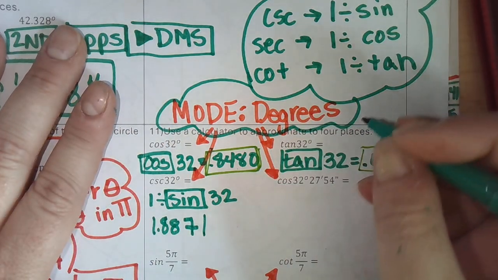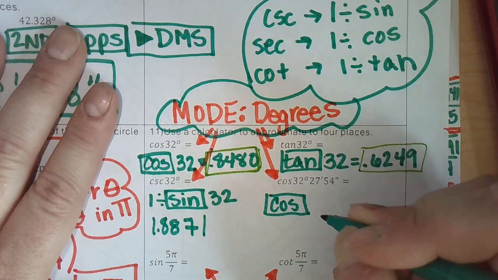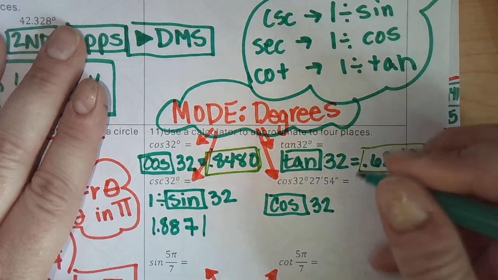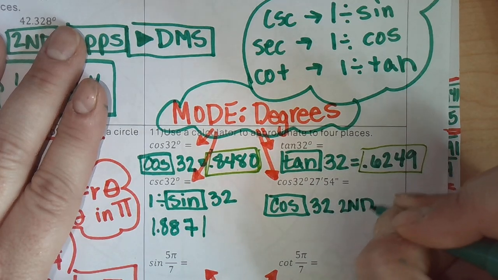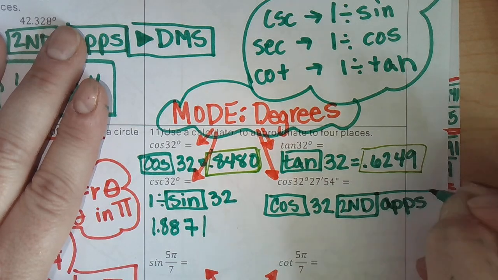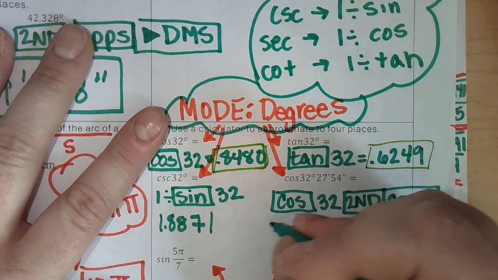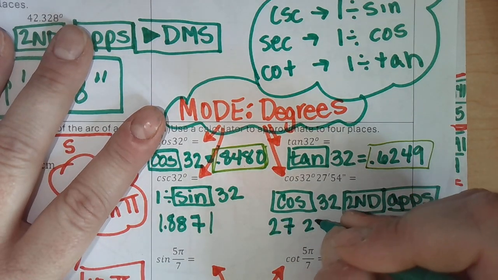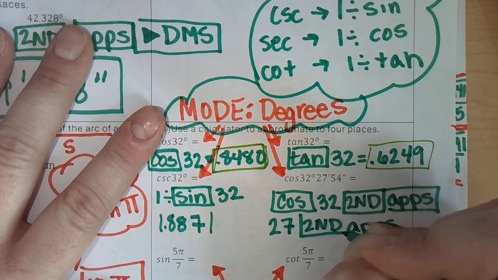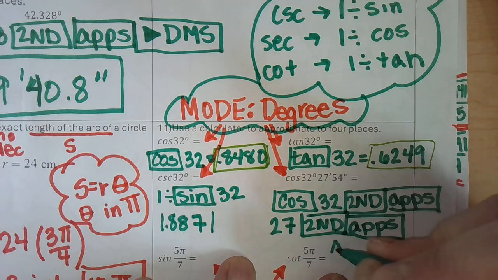All right, for this next guy, we're still going to type cosine. We're going to type 32. But then we have to go to second apps for the little degree symbol, then we type 27, then second apps again for the minute symbol, and then remember Jonah told us to press alpha.